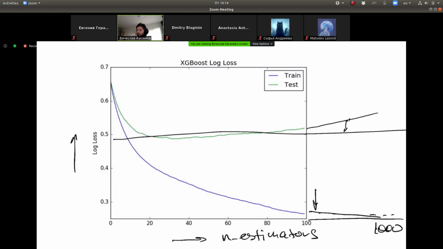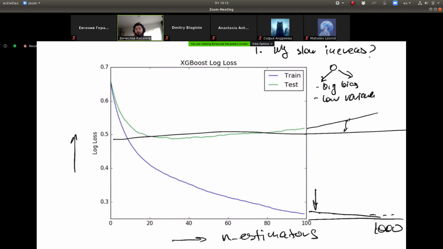So this is why, because it's two questions. Why is the increase of overfitting slow? It's because we use simple models with very big bias and low variance.